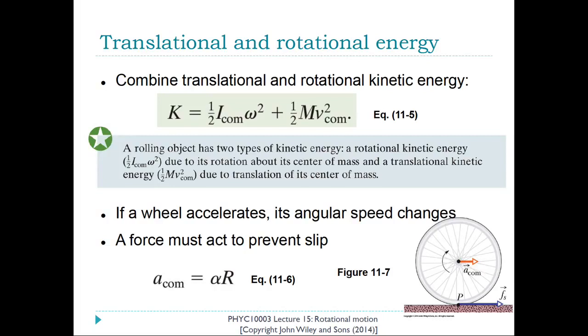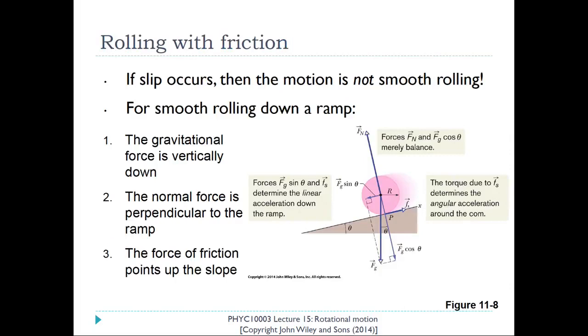Therefore, a force must act to prevent it from slipping. What's going to prevent it from slipping? We can write our equation: the acceleration of the center of mass of the object is going to be the rotational acceleration times the radius. And that's again something we got from our previous table.